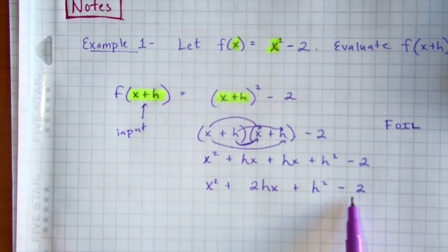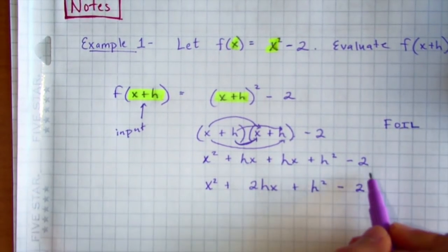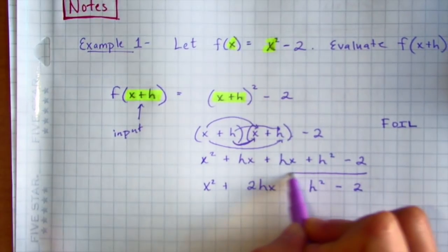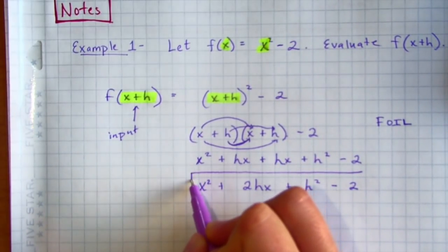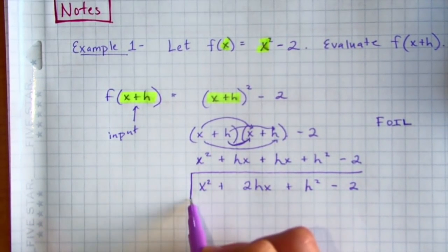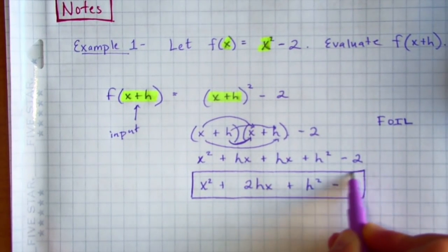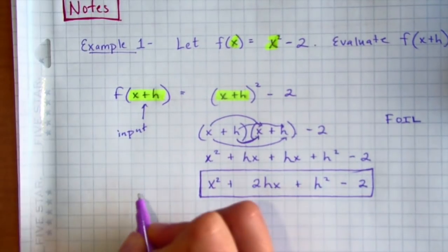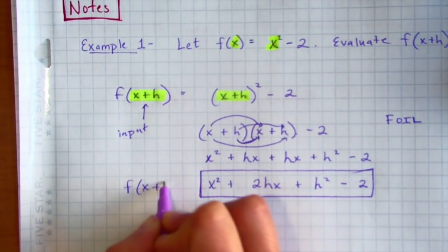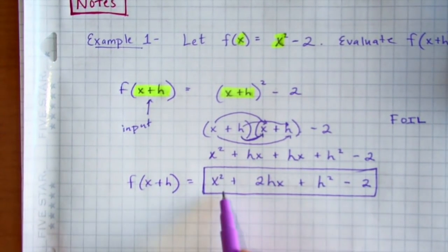And it looks like I don't, so that's my final answer. This is the simplest form. So our final answers today are most of the time going to be these long expressions. So I know that f of x plus h, when I evaluate it, turns into this long expression with all these different variables.